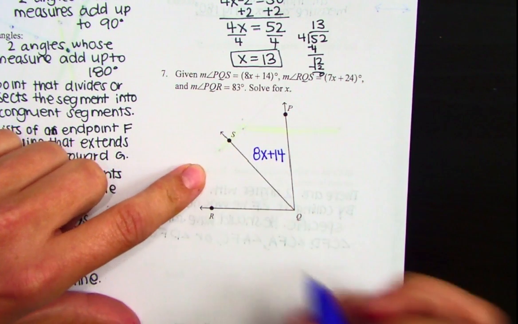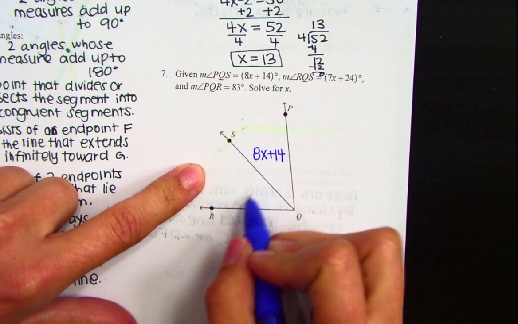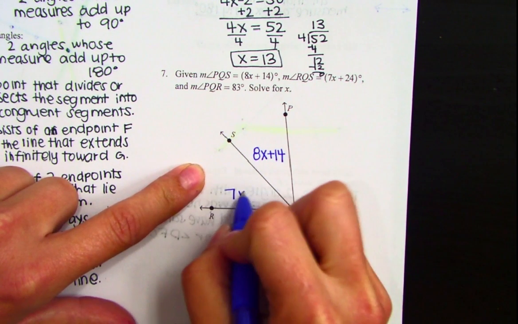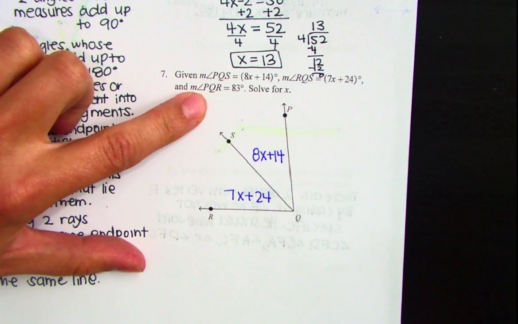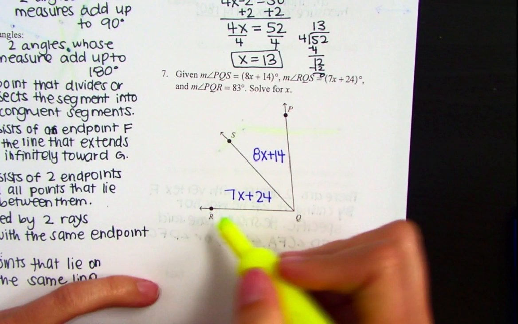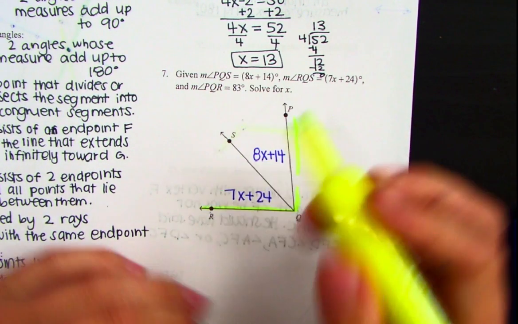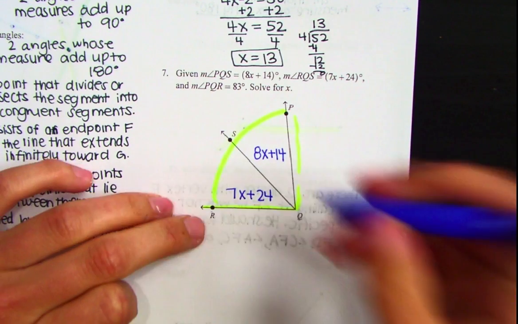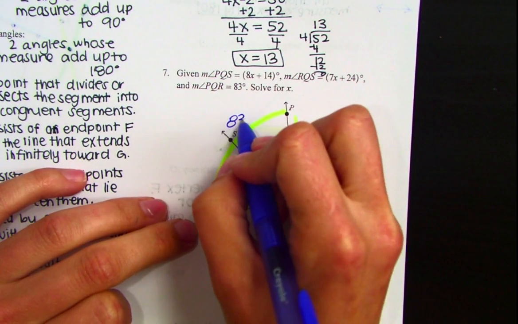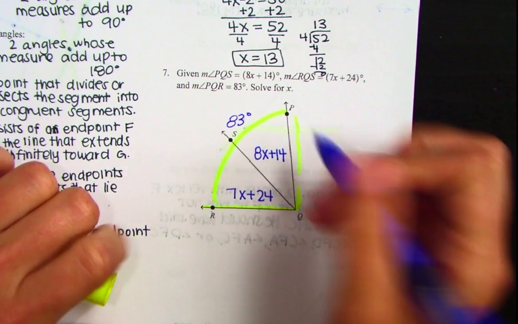And then RQS is this angle. They tell us that's going to be 7x plus 24. And then they tell us PQR, so this entire angle, PQR, is going to add up to 83 degrees. So the whole thing will be 83 degrees.